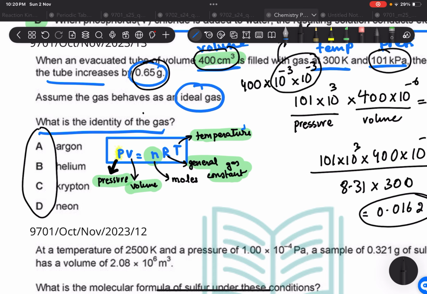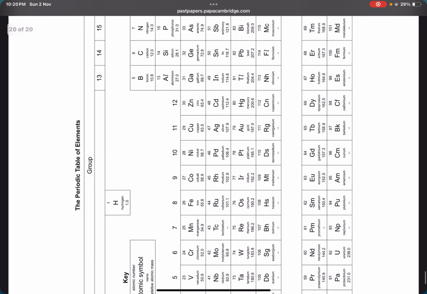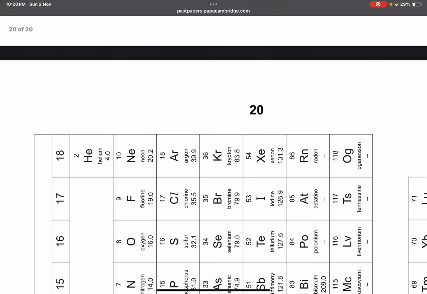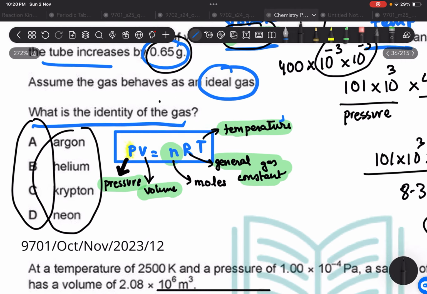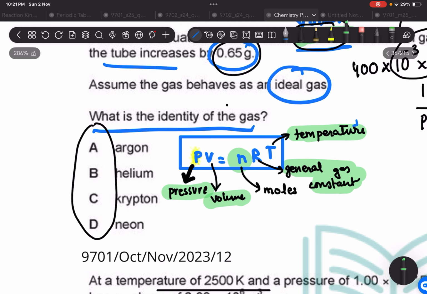Because we're only given the noble gases. So let's figure out a gas that has an MR near calcium. You should always know these tricks and tips to make your exam good. It's going to be argon, which is 39.9, because if we round off 39.9, it becomes 40. So always use your brain.